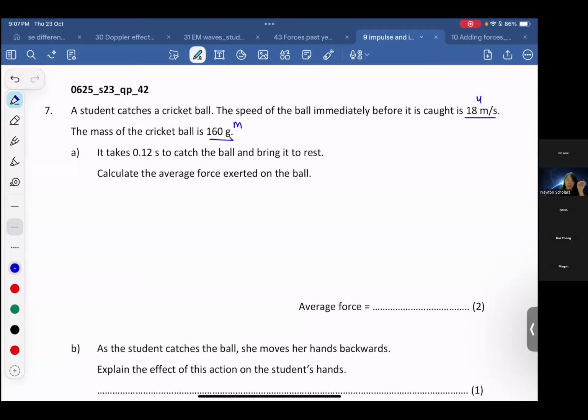Be careful: the mass given here is in gram. If you didn't convert, that is the trick. It takes 0.12 second, t, and brings it to rest. That means that finally it will stop, v equals 0. Can you find the force?